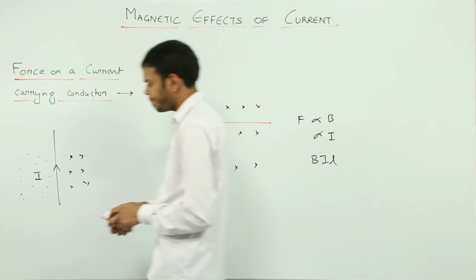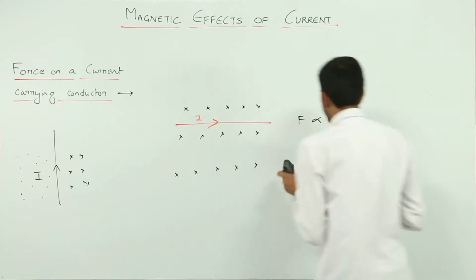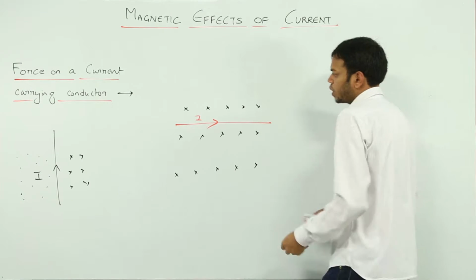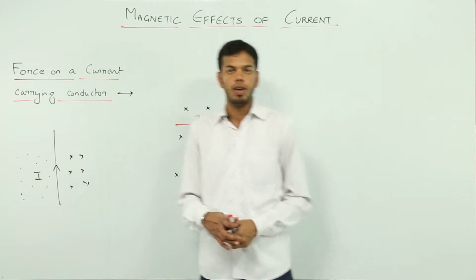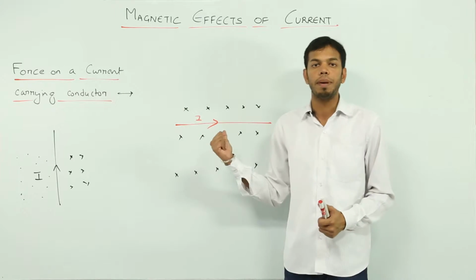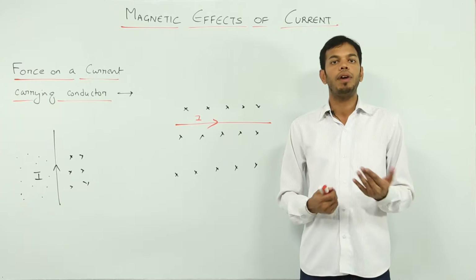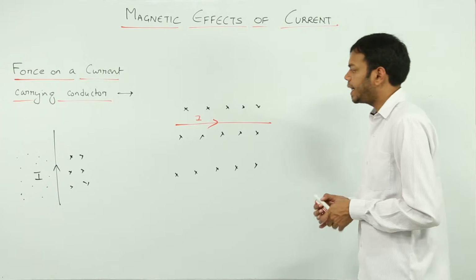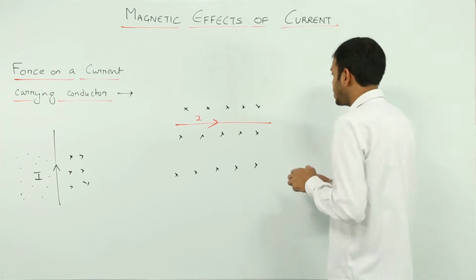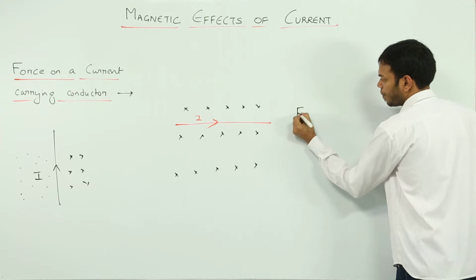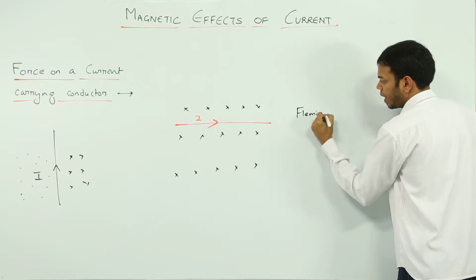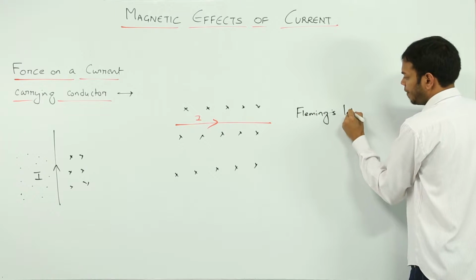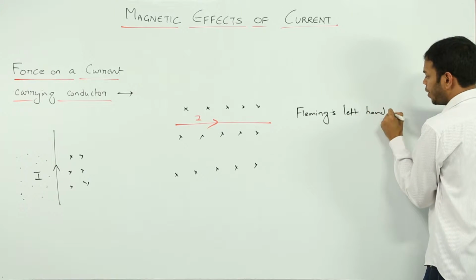But anyhow, the force experienced by the wire when it is placed in a magnetic field is given by a very simple rule. We are talking only about the direction, not the magnitude, and the direction is given by Fleming's left hand rule.